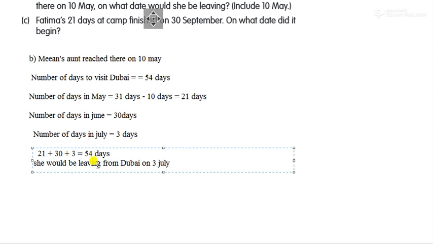So she will be leaving from Dubai on 3rd July. The third bit, do it by yourself as homework.